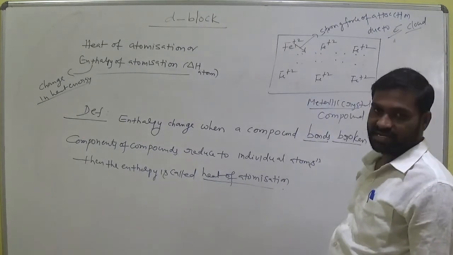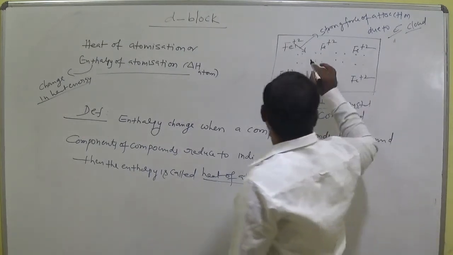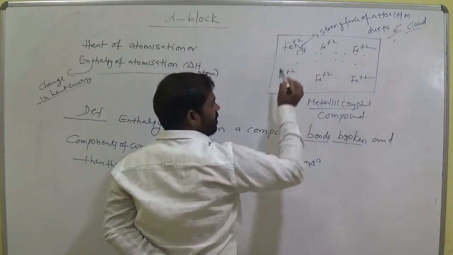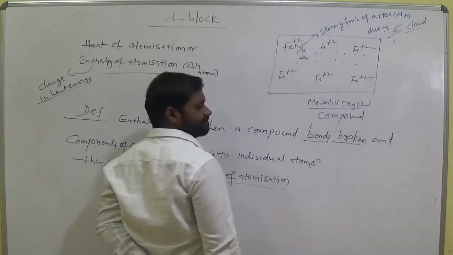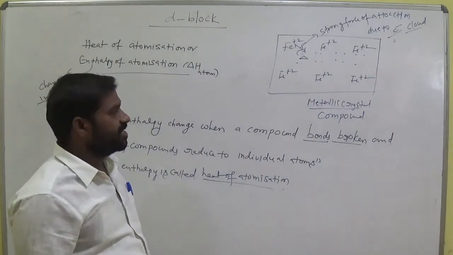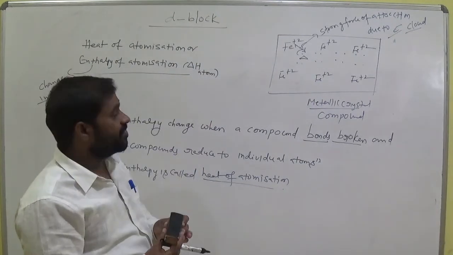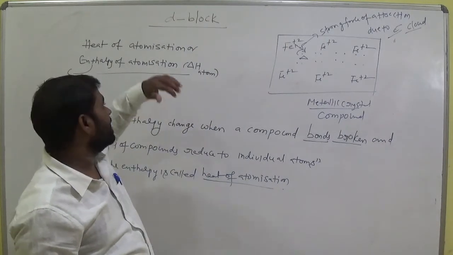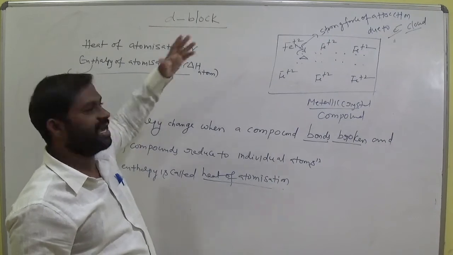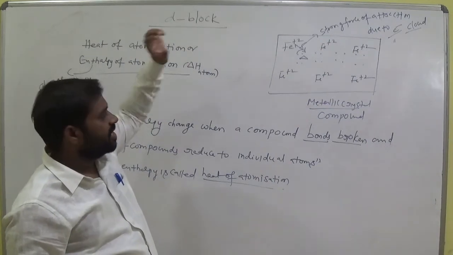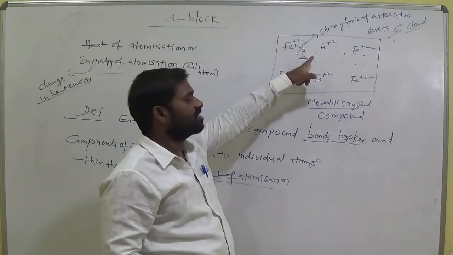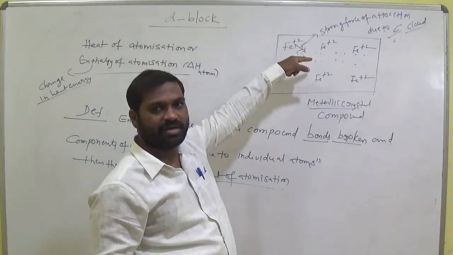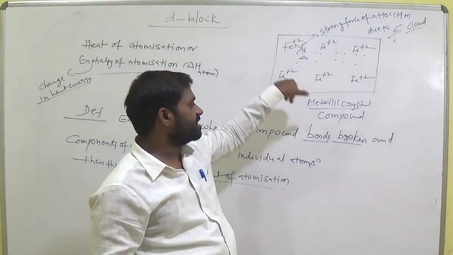Now if you want to break this bond, we offer some heat energy. If the bond is strong, we offer more energy, then the heat of atomization is very high. If the bond is very strong, that means the attraction is very strong. What is the component in this compound?